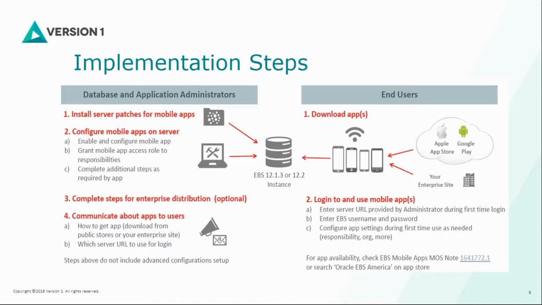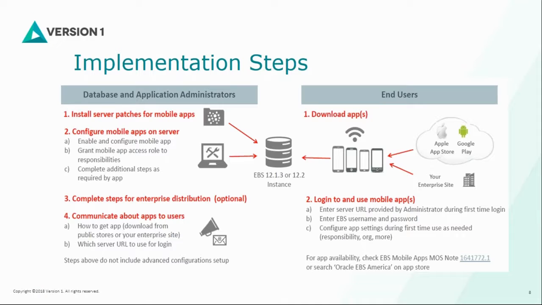Then it's just a matter of communicating instructions to the end users, who, as we see on the right of the slide, have simply to download the latest version of the app from either the Apple Store or Google Play, depending on whether they have an iOS or Android device, or from an internal enterprise site if the organization has chosen that as the preferred delivery method.